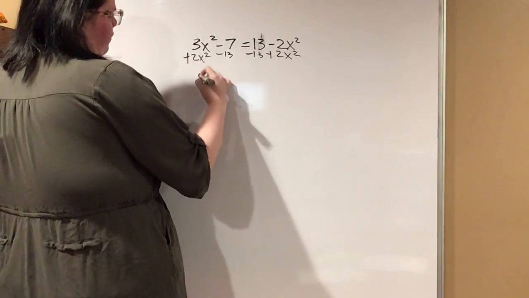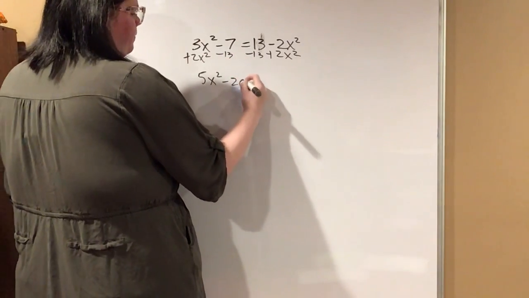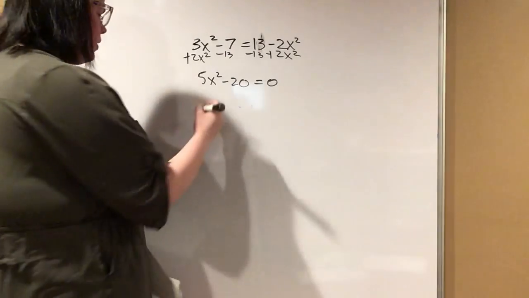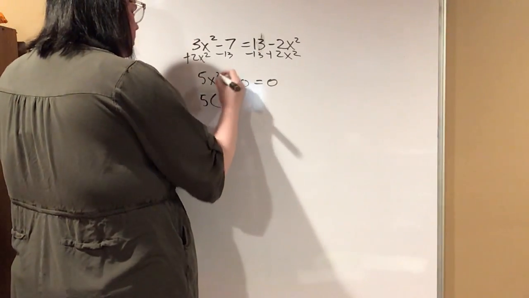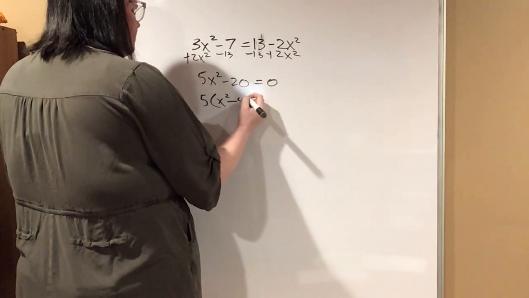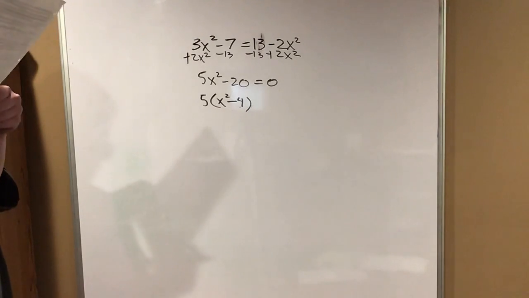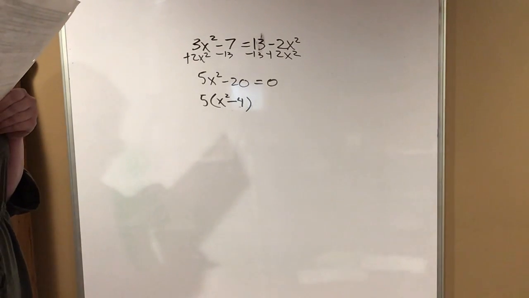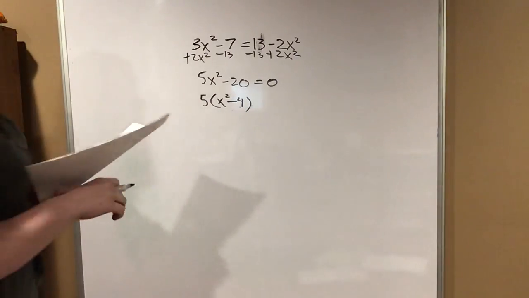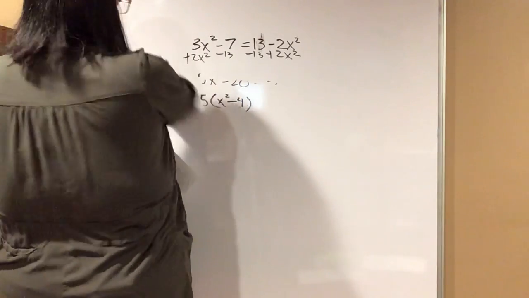So here I get 5x squared minus 20 equals 0. Well, factor what we can out, and we know we can factor 5 out. We're left with x squared minus 4. Well, when I get to my x squared minus 4, let me see what I did. Oh, hang on, I did it something different. Guys, I made it a little more complicated on myself when I didn't have to.